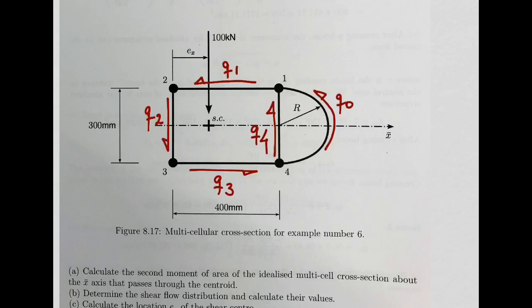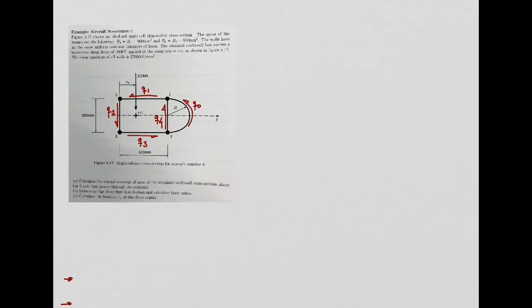And now what we need to do is cross the booms, remember? Like we did last week, we need to be crossing all these booms. So in order to cross the booms, we need to have the second moment of area of the cross-section.